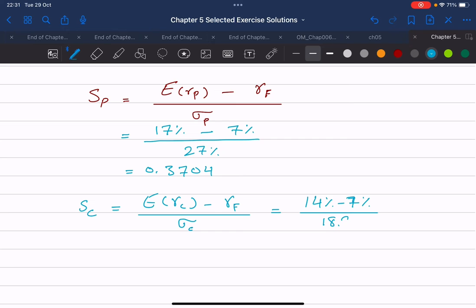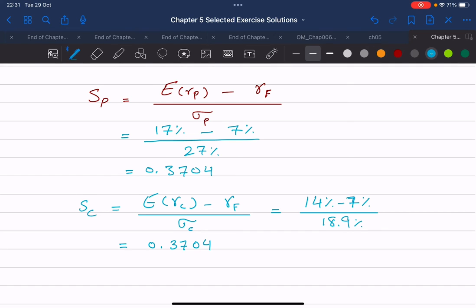So 18.9%. Okay, run the numbers. 14 minus 7, all divided by 18.9. And we are going to get the exact same number, which is 0.37037, which we are also going to round up to 0.4.